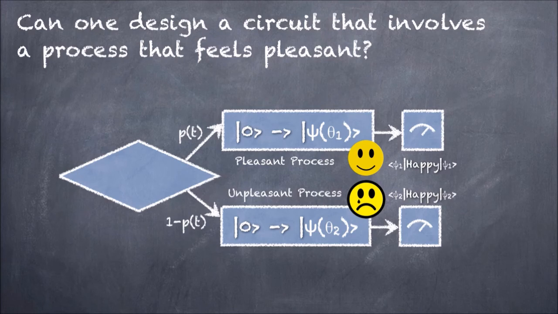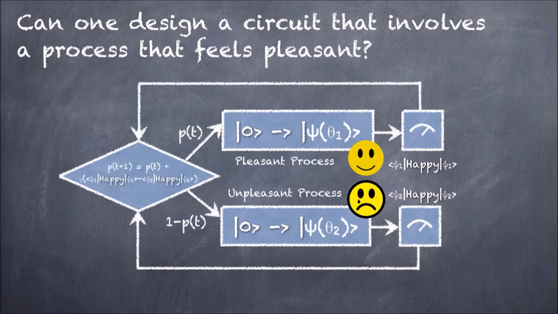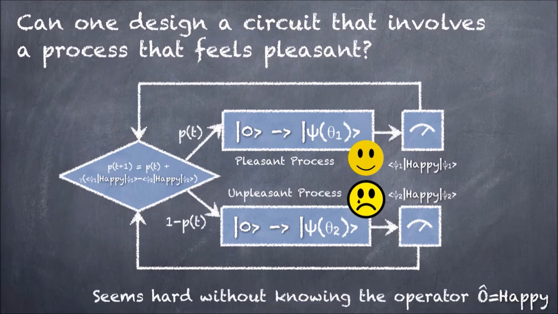Then it's rather straightforward. You can go back and update your p so that you go more to the happy branch. But in the absence of somebody who makes a suggestion how to measure this happy operator, we can't really do it. I have no idea.